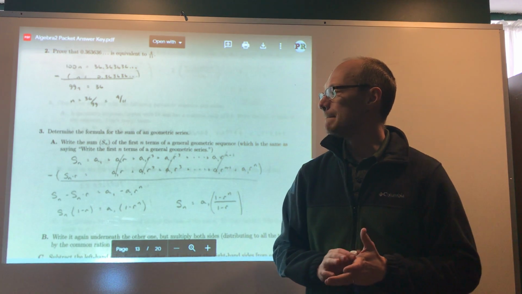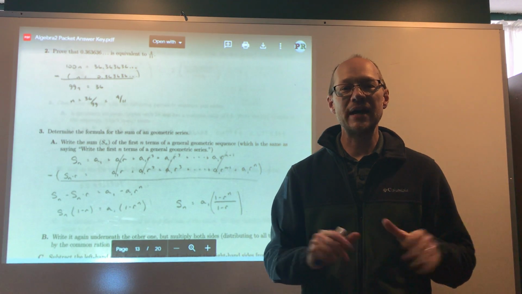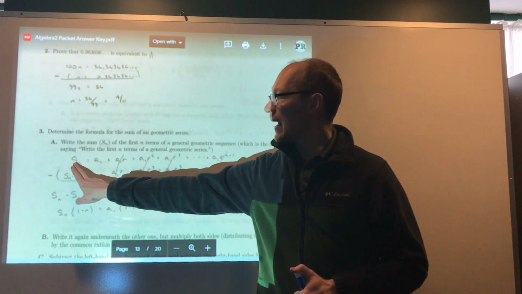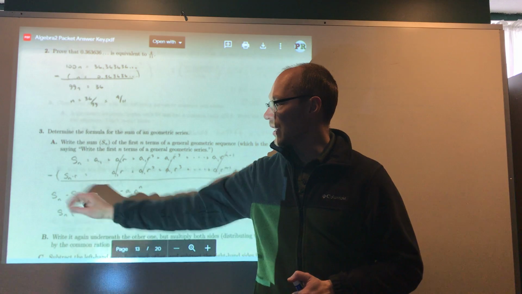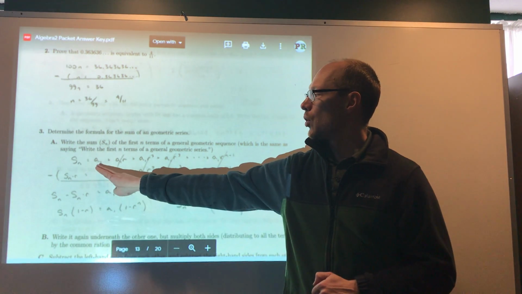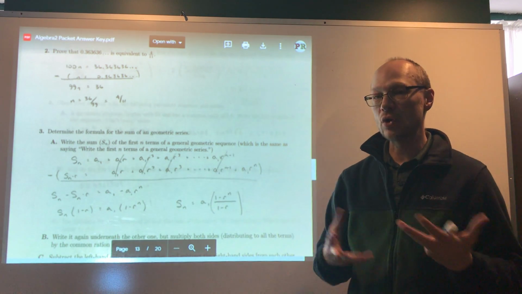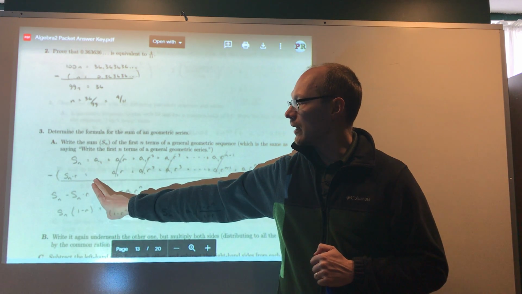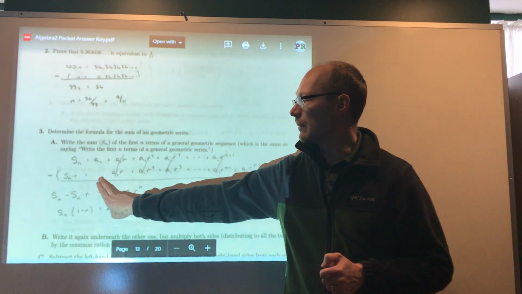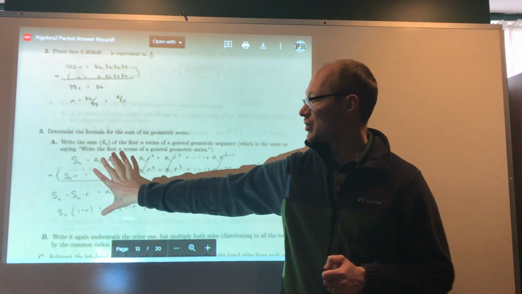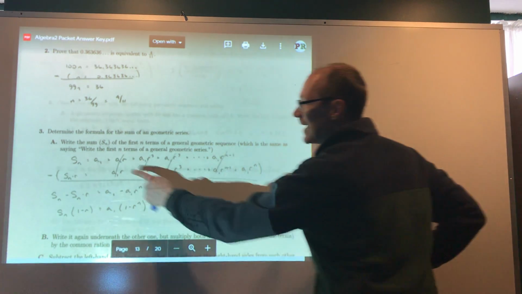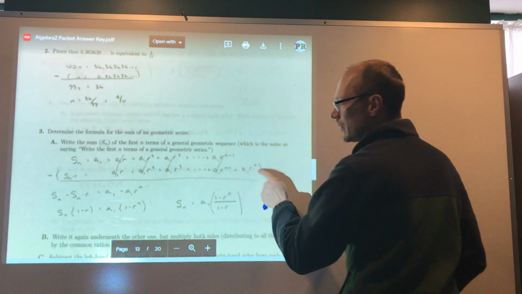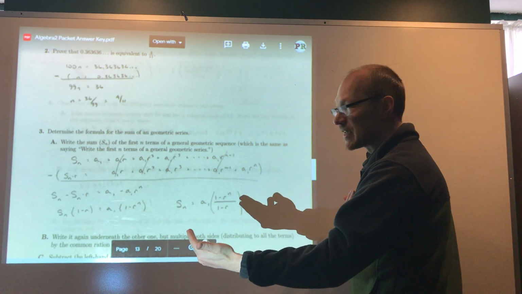Well, let's say I multiply both sides of this by r. So S, the sum, times r equals, now all of these get an additional r multiplied on them. The a1 gets multiplied by r and becomes a1 times r. I'm going to line it up underneath the other one. And I shift all these down and find out that every single one of these terms is matched with every single one of these except for the first and the last.